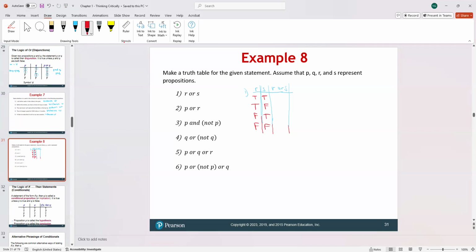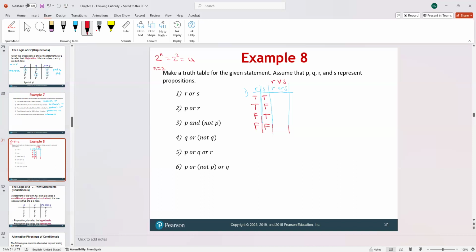Those are all the truth values you can have in the truth tables when you only have two propositions. Remember, the number of rows is 2 power n. Here you have only two propositions, n is 2, so it's going to be 2 power 2. That's 4. That's why you have 1, 2, 3, and 4. Okay, so we know how many rows we have. And for or, remember you can either write R or S, or you can say R ∨ S for disjunctions.